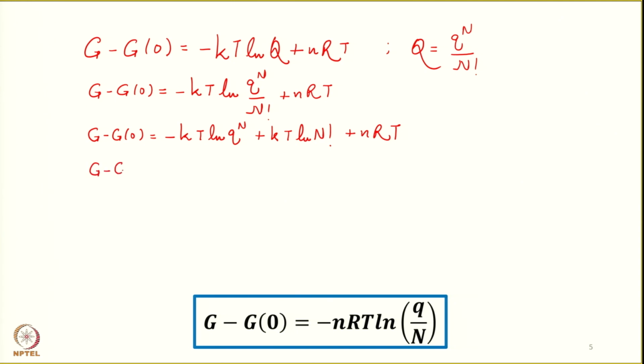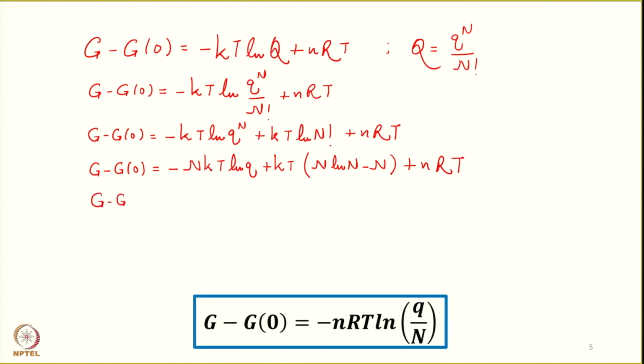G minus G0 is equal to minus n kT log Q plus kT. I will use Stirling approximation. Log n factorial is n log n minus n.